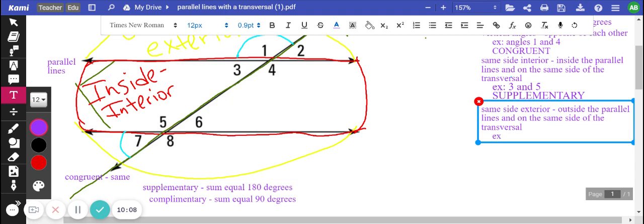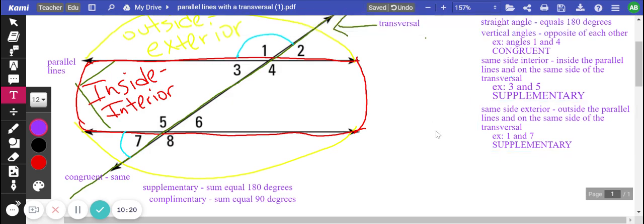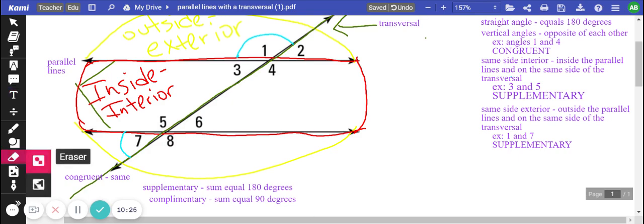An example of those, 1 and 7. And these are also supplementary. Okay.